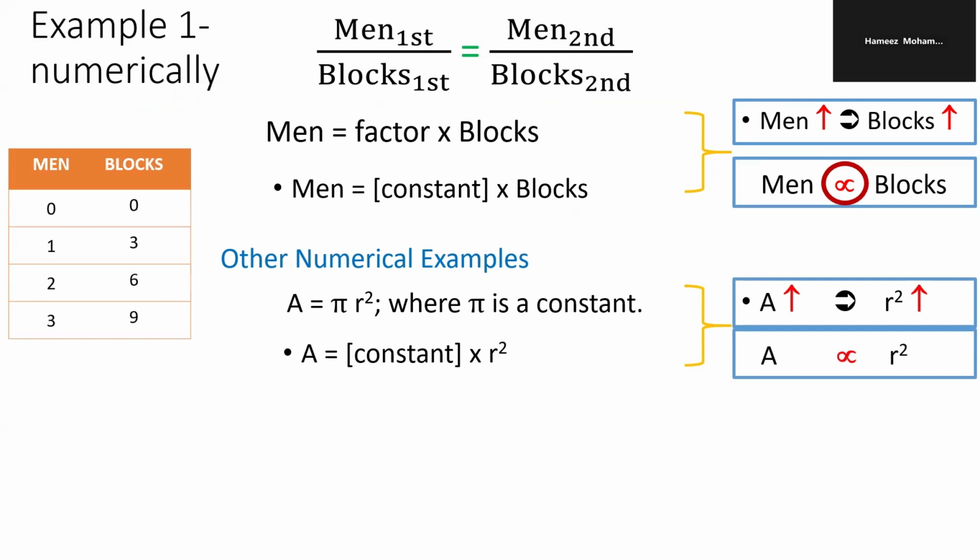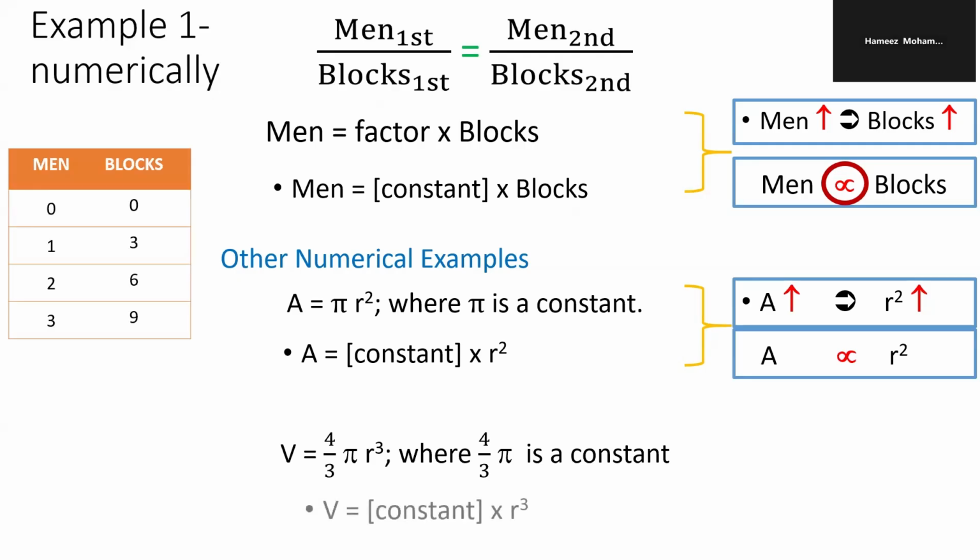Now one more example. We did a linear one, a quadratic one. Let's do a cubic one. The volume of a sphere is 4/3 times pi times r cubed. So 4/3 will not change, and pi will not change, 22/7. As such, 4/3 times pi is a constant.